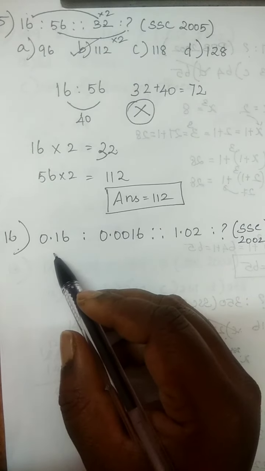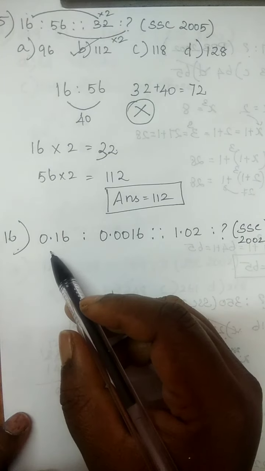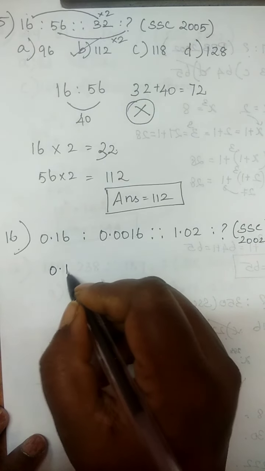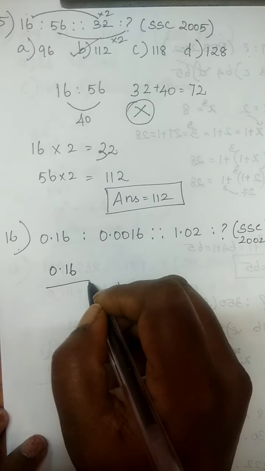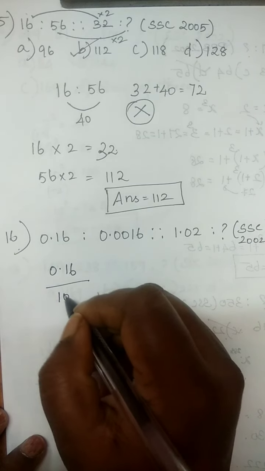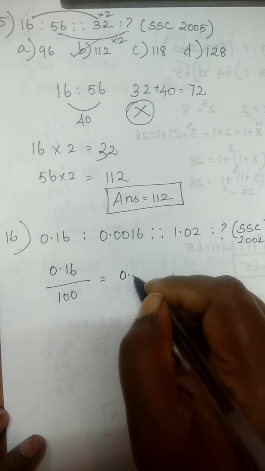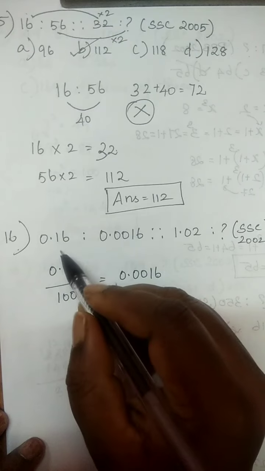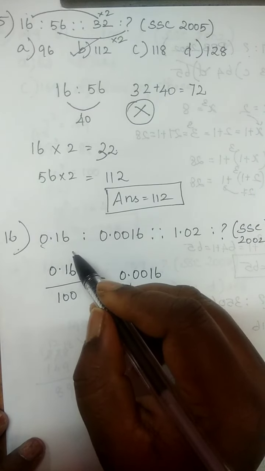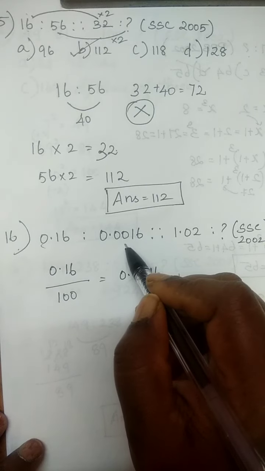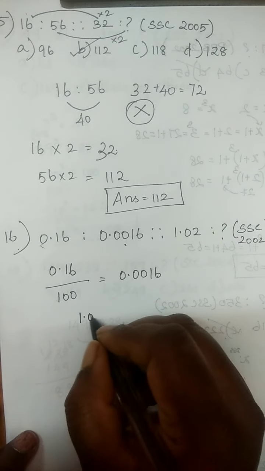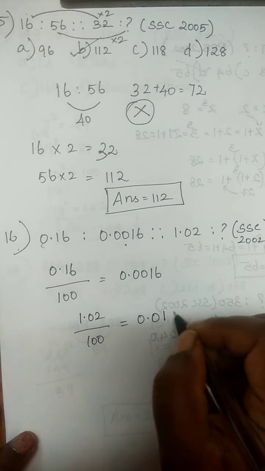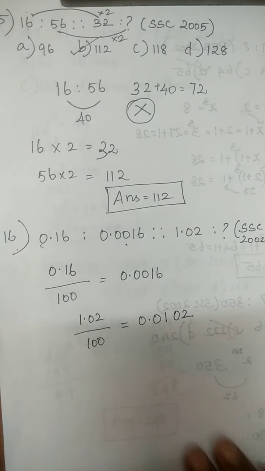What's the similarity between these two? 1.16 divided by 100 gives 0.0016. So by using the first number we can derive the solution for the next number. Similarly, take the number 1.02 divided by 100, which gives 0.0102. Am I right?